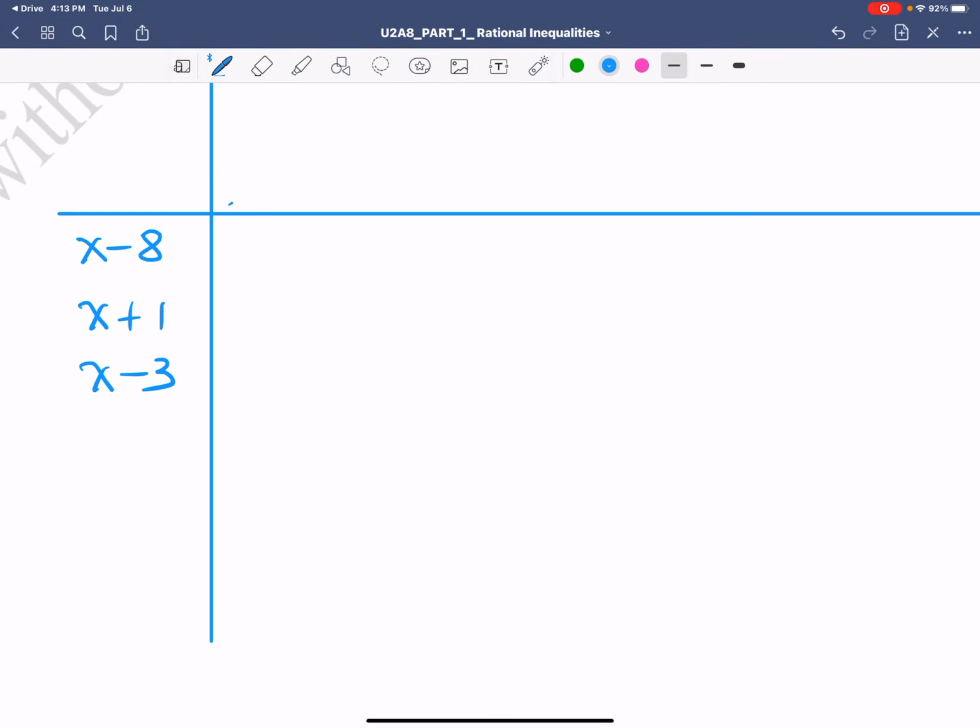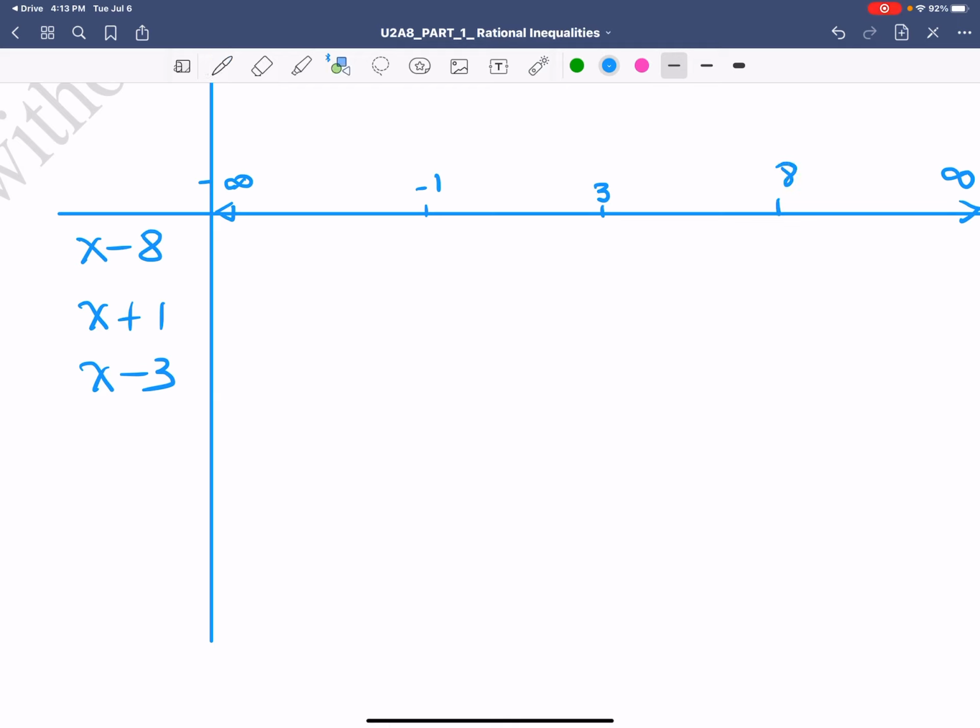So here goes negative infinity and positive infinity. The zeros are at negative 1, positive 3, positive 8.